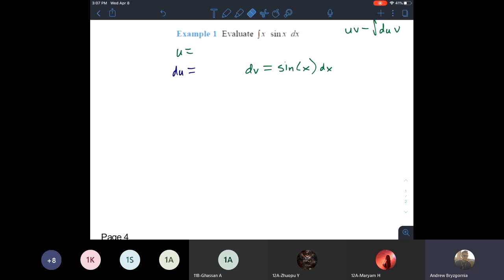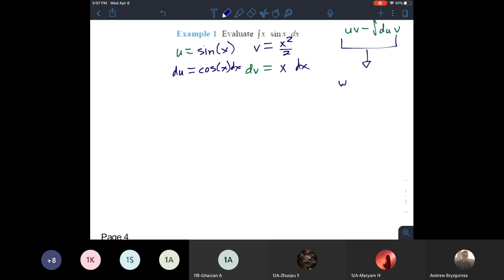So the problem with letting this be equal to sine of x, although the derivative is easy because it's cosine of x dx, is what will happen if we then put this into the equation of uv. If we did it like this, the problem that we would run into is that it couldn't be solved.